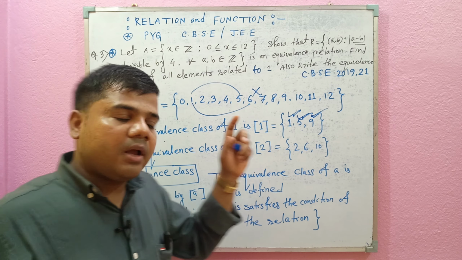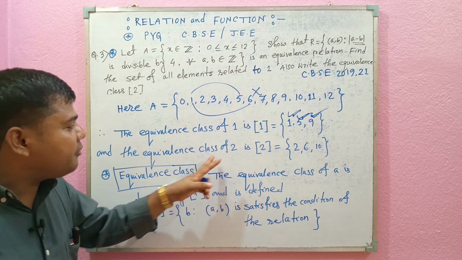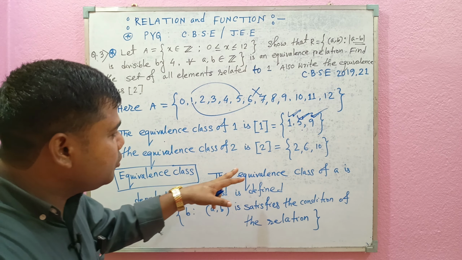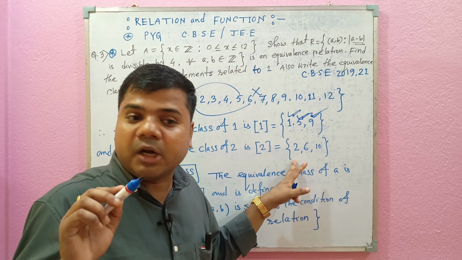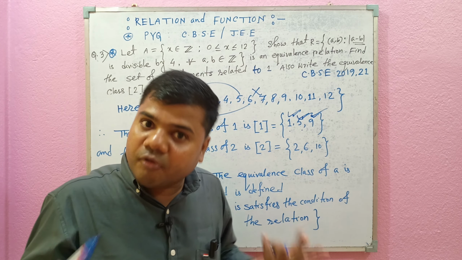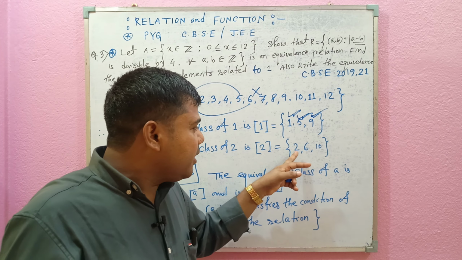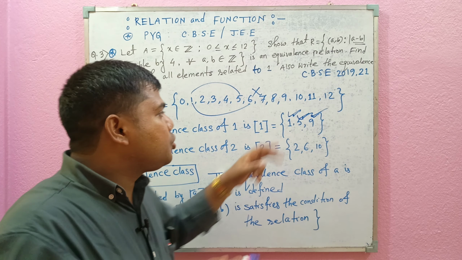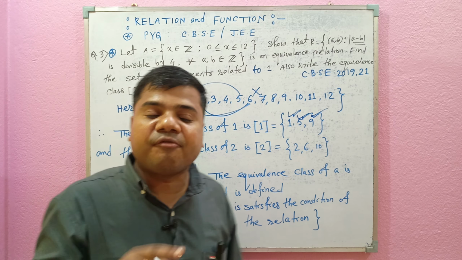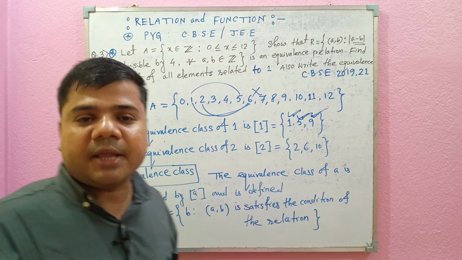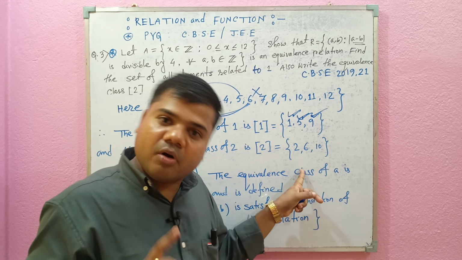Okay. Again, the equivalence class of 2 is equal to [2] is equal to 2. 2 minus 2 is equal to 0 and 0 is divisible by 4. So we have 2. 2 minus 6, modulus 2 minus 6 is equal to 4 and 4 is divisible by 4. So the equivalence class of 2 includes 6. Okay.